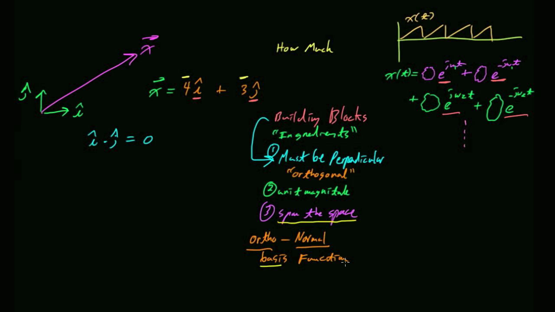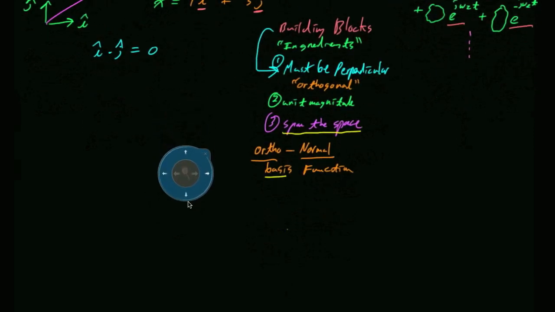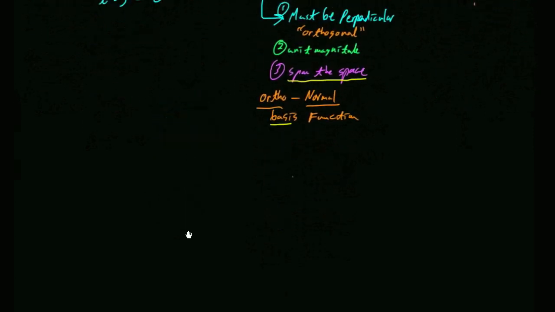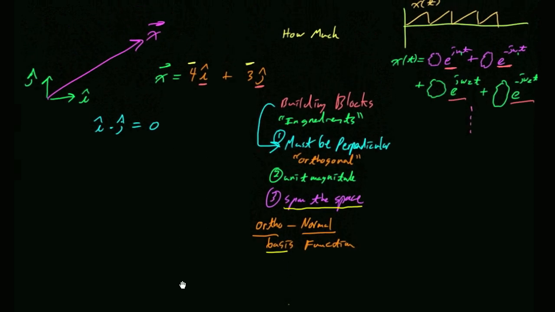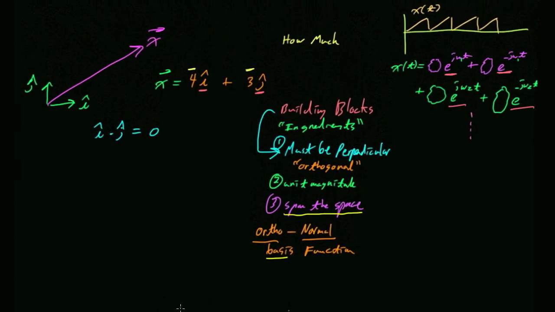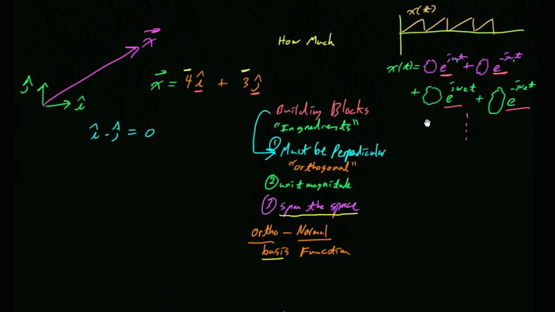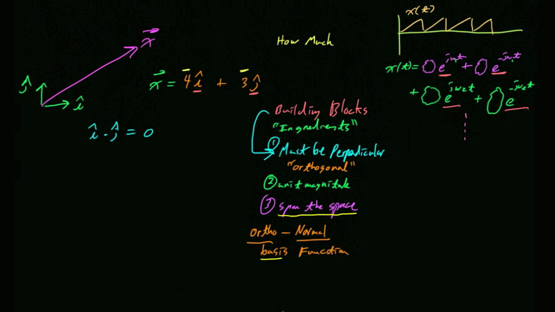Did you guys learn the Laplace Transform? Yeah, of course you did, right? Well, Laplace Transform is basically the same thing. Instead of building signals as a weighted sum of e to the j omega t, you build signals as a weighted sum of e to the st, where s is sigma plus j omega. Okay? It's a different complex function.